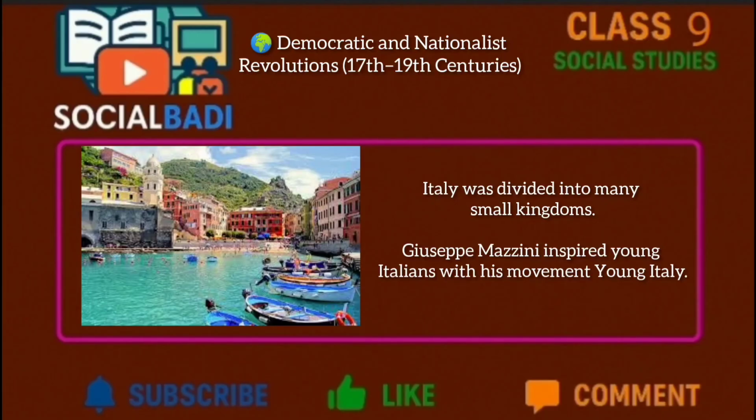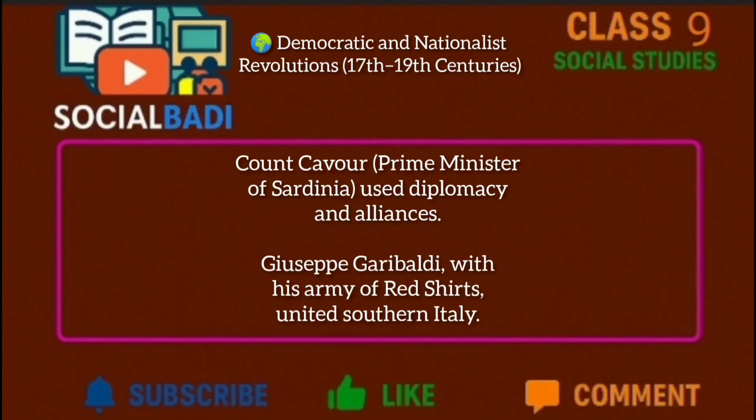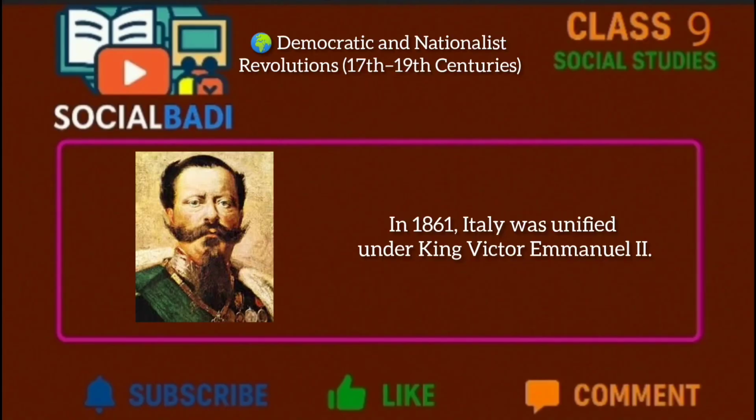Giuseppe Mazzini inspired young Italians with his movement Young Italy. Count Cavour, Prime Minister of Sardinia, used diplomacy and alliances. Giuseppe Garibaldi, with his army of Red Shirts, united southern Italy. In 1861, Italy was unified under King Victor Emmanuel II.